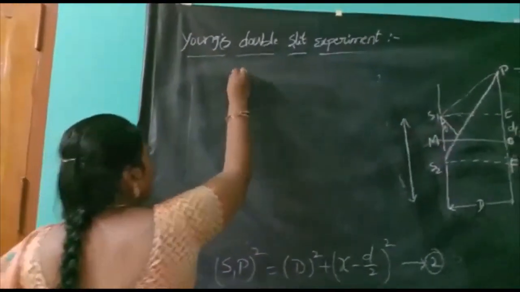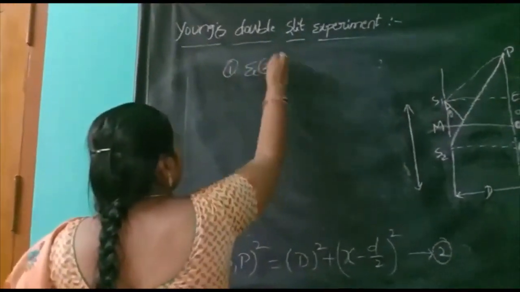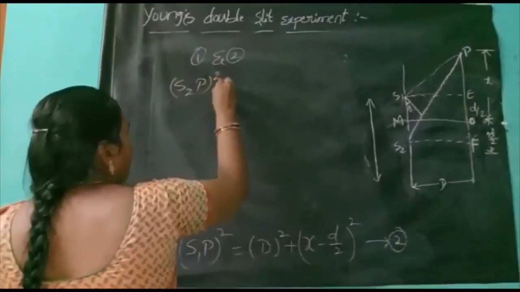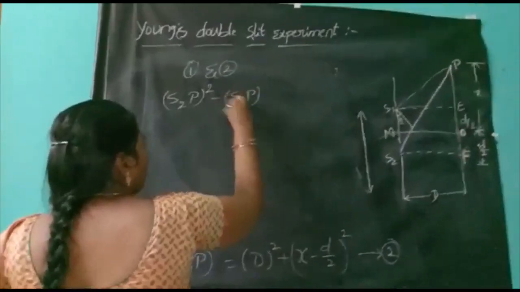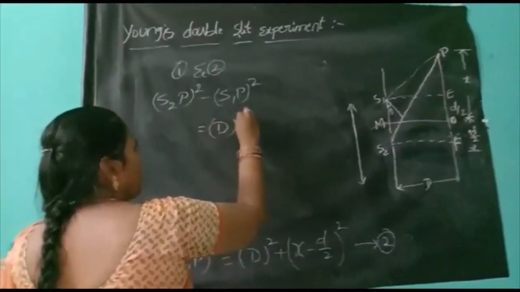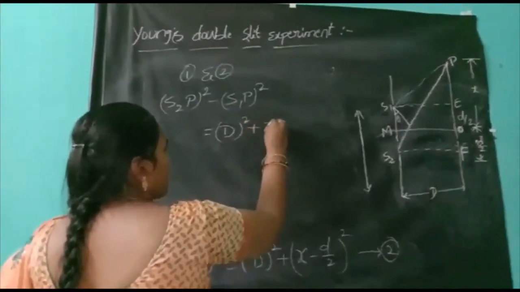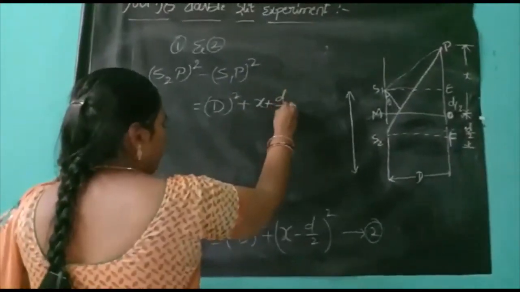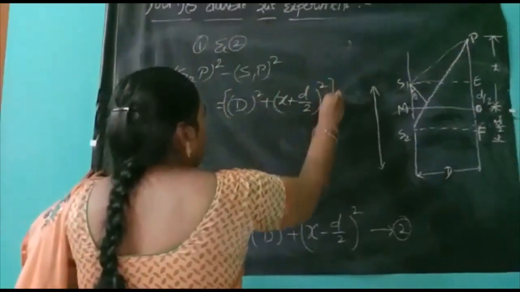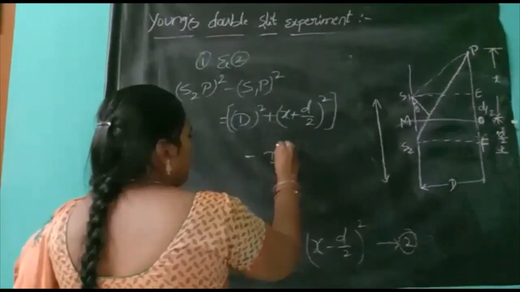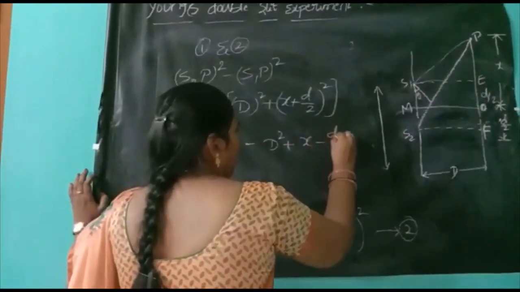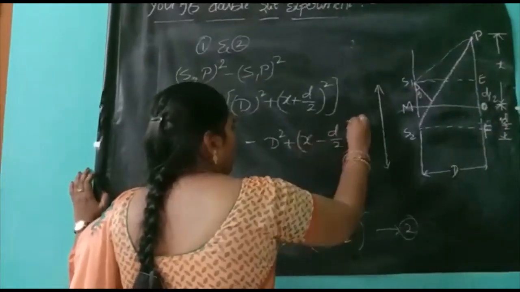From equations 1 and 2, the path difference: S2P whole square minus S1P whole square is D square plus x plus d by 2 whole square, minus D square plus x minus d by 2 whole square.